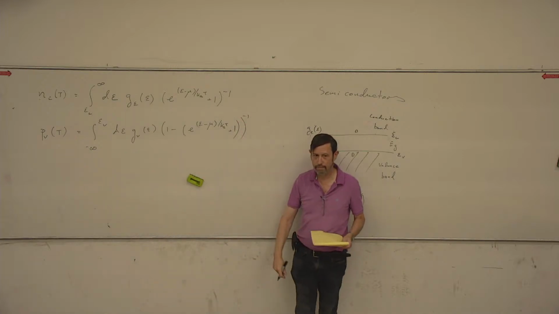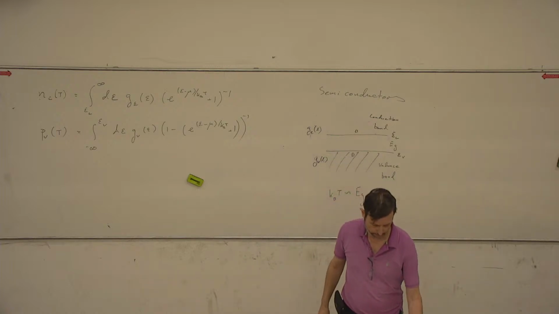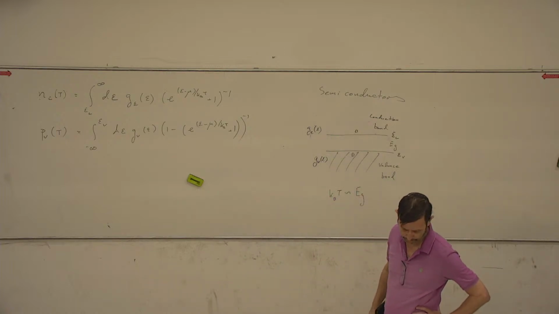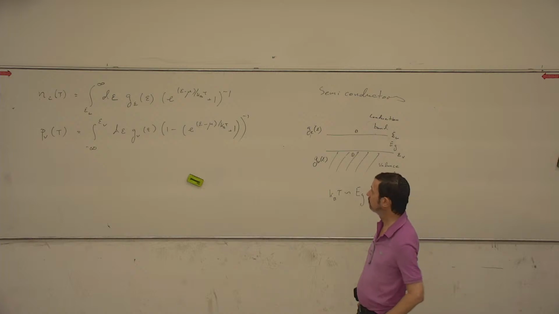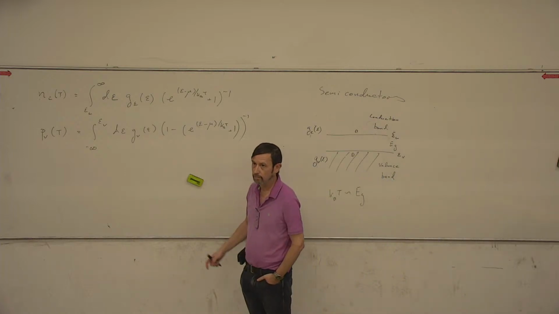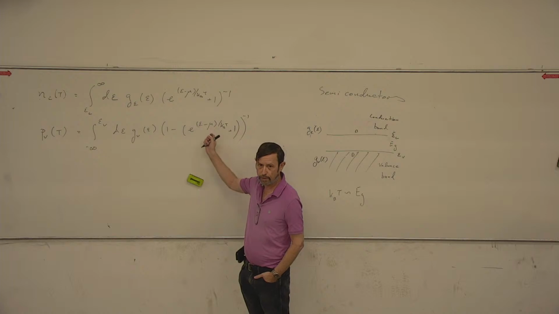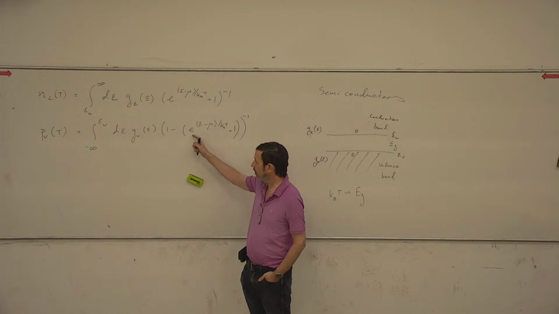Why is that? What is the difference between what's written here and here? That every electron you take from one, you put in the other.